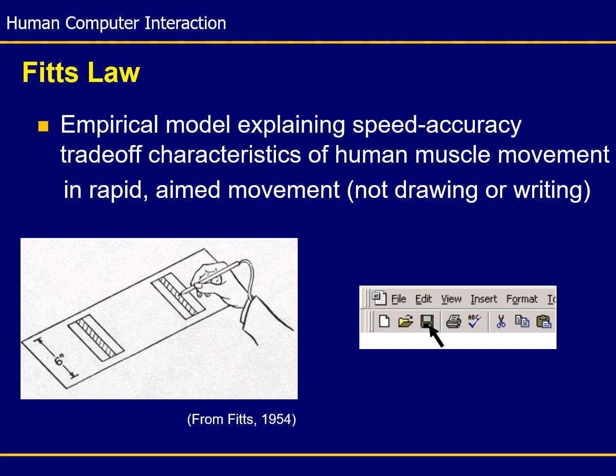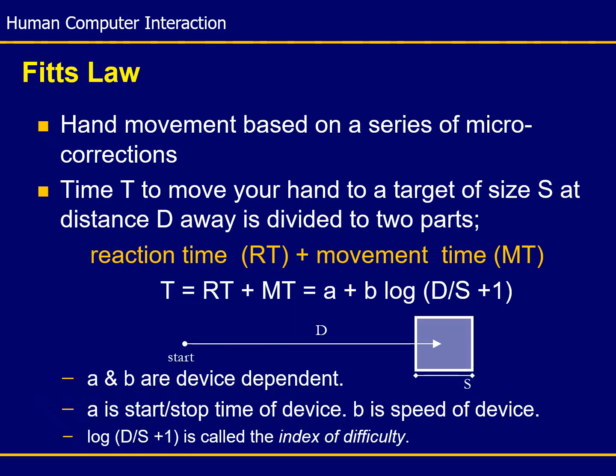Okay, so this is what Mr. Paul Fitts is teaching us: the time to reach a target depends on two things, the reaction time and the movement time. This is what we described before as discrete movements.